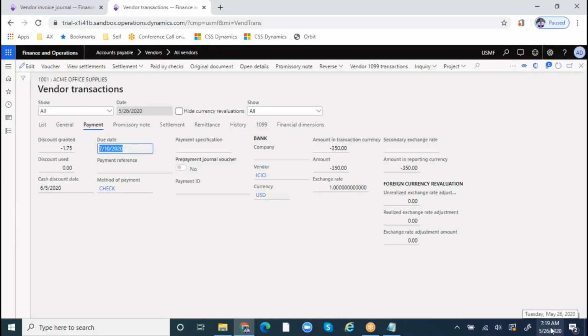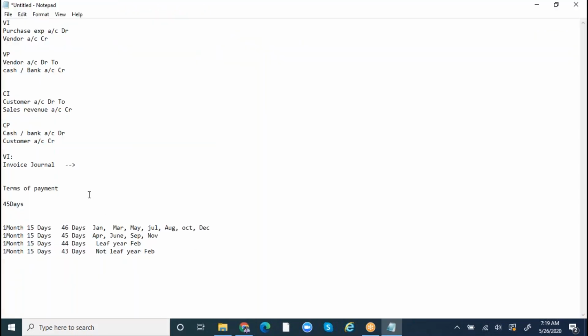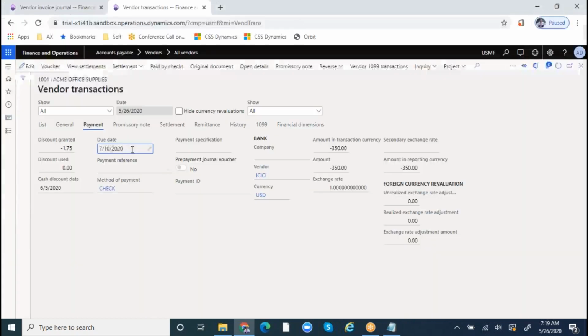So it is 5 days of May, June month 30 days, and then 10 days of July. It is 45 days. The due date will be calculated based on the terms of payment. Understood? Based on terms of payment, the due date will be calculated.